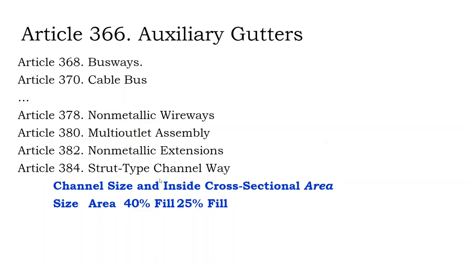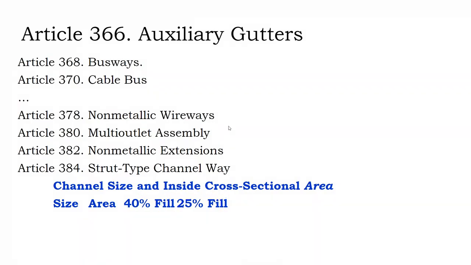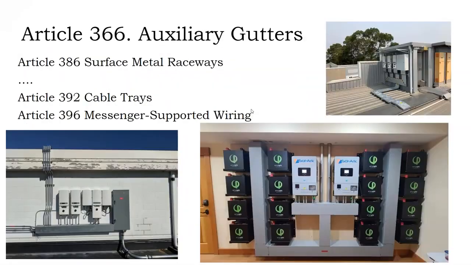The gutters still have 25% conductor fill and 75% cross-sectional area fill. I think this is staying away from the edge. What do these look like? All right, some pictures.